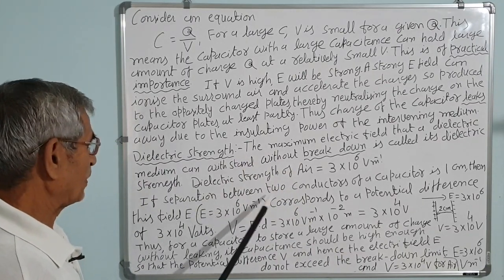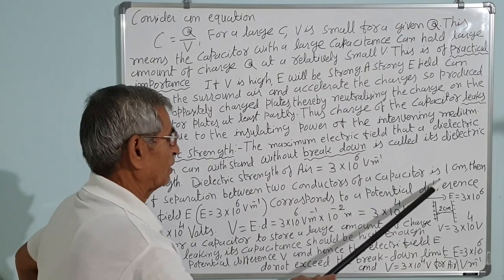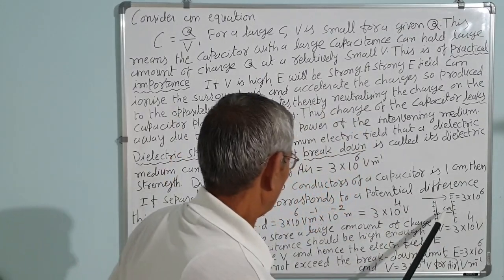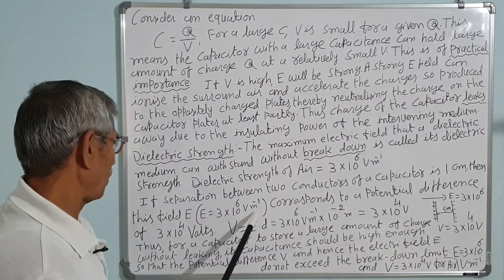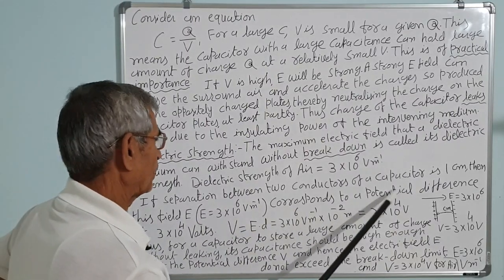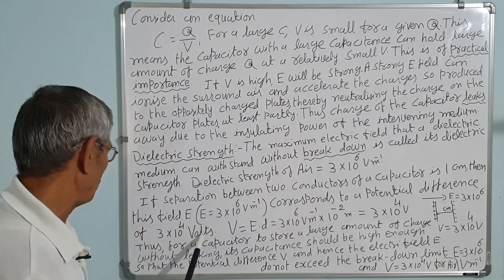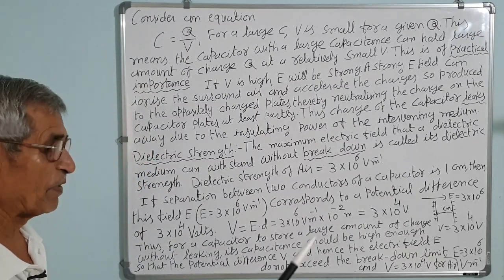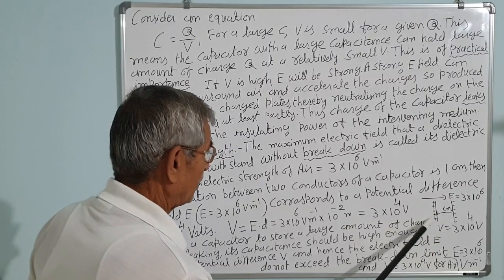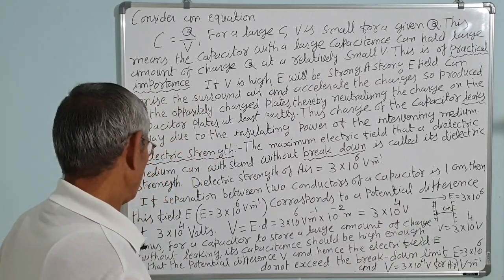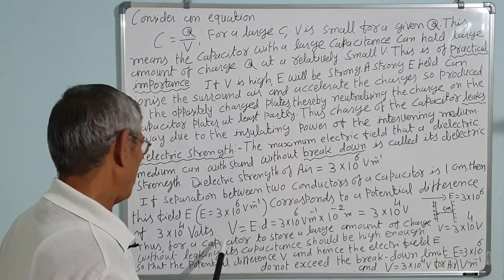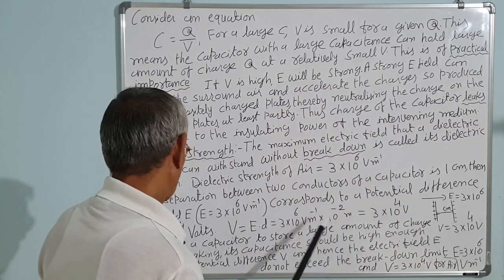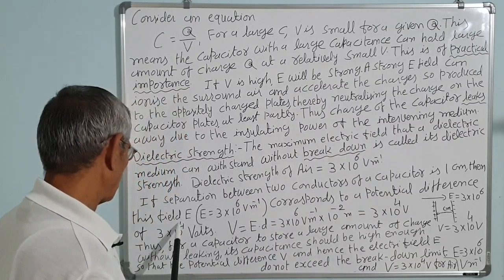If separation between two conductors of a capacitor is 1 centimeter, this field E equal to 3 into 10 raised to 6 volt per meter corresponds to a potential difference of 3 into 10 raised to 4 volt.